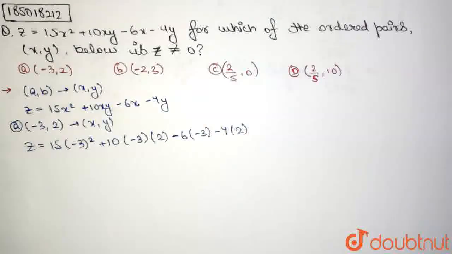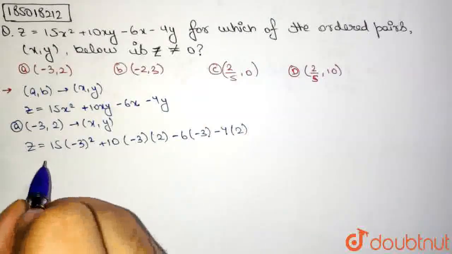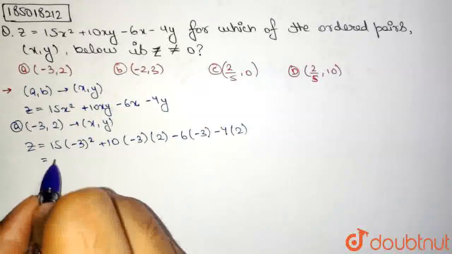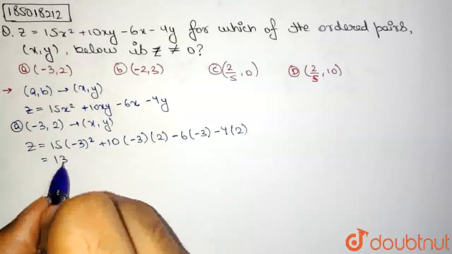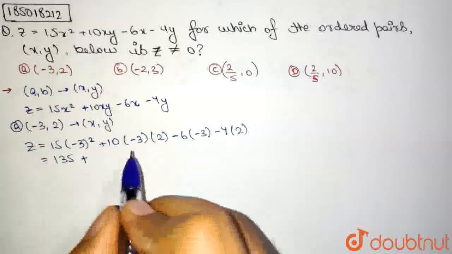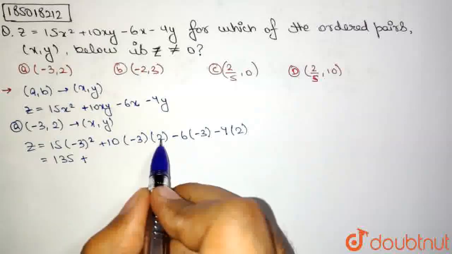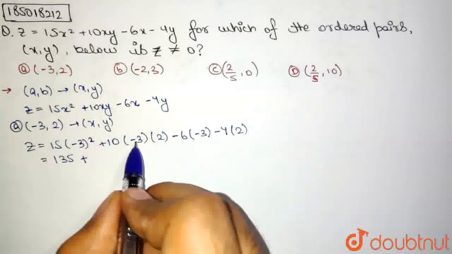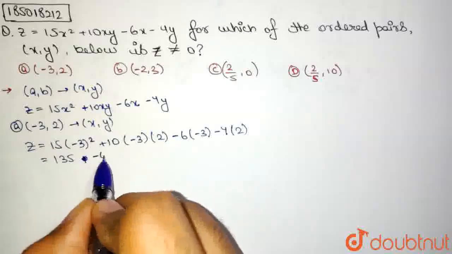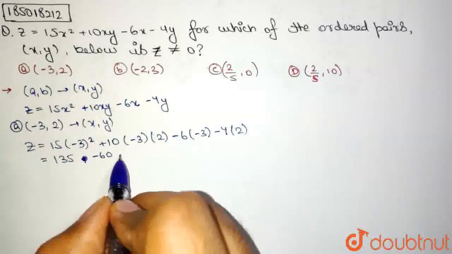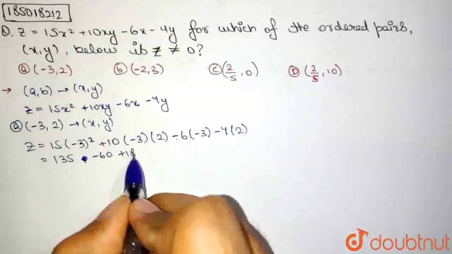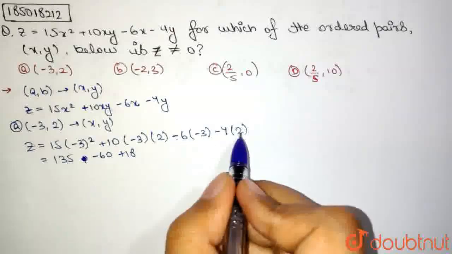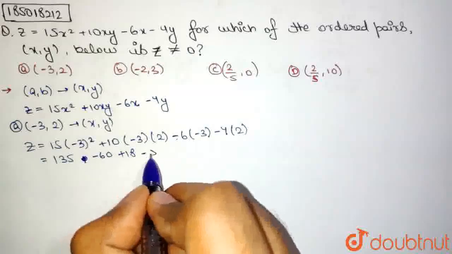Right? So we can say this is equal to minus 3 square is 9. So 15 into 9 is 135, plus 10 into 2 is 20, into minus 3 is minus 60. So this is going to be minus 60. And we have minus 6 into minus 3, which is nothing but plus 18. And minus 4 into 2 is minus 8.